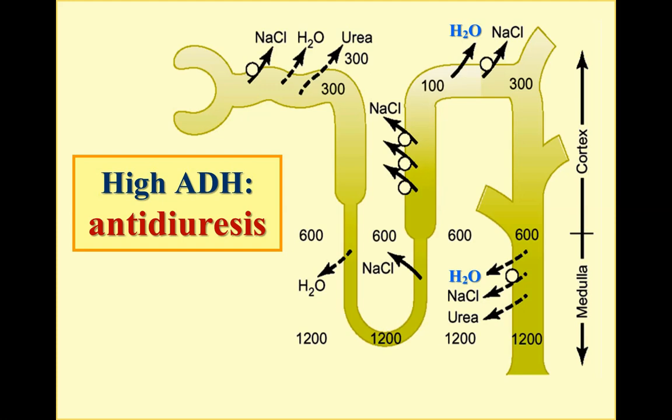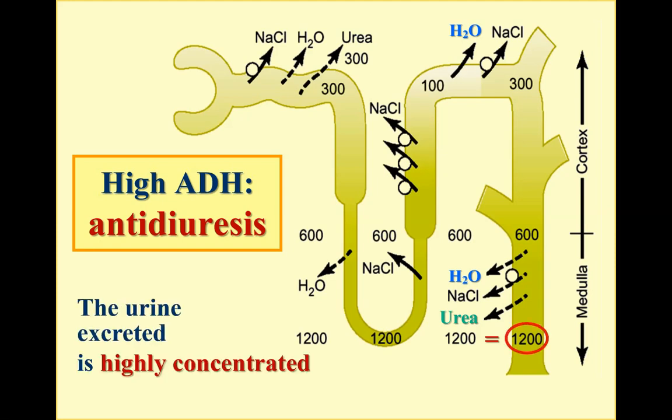Water is reabsorbed especially in the collecting ducts, where the hypertonic medullary interstitium that is filled with sodium, chlorine, potassium ions and urea as well simply attracts water down the osmotic gradient from tubules into interstitium and finally it goes into blood. So finally the osmotic pressure of the excreted urine is great and the amount is low.